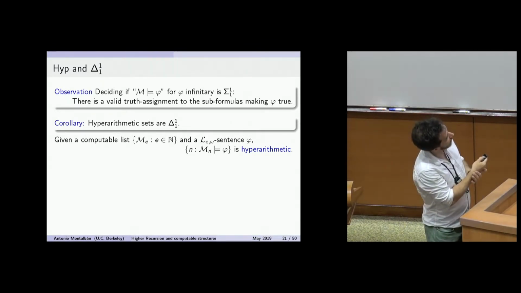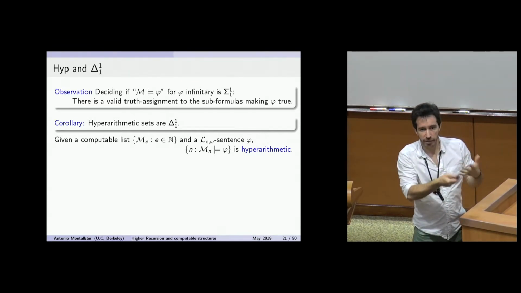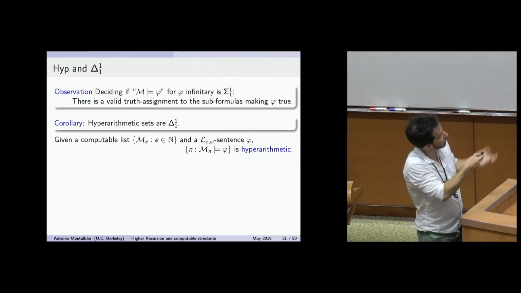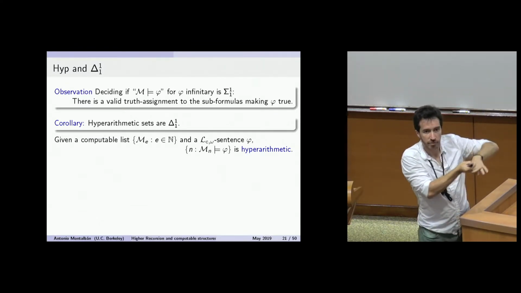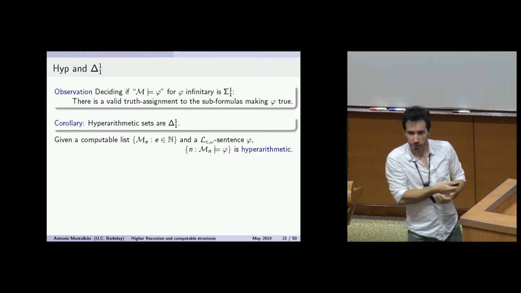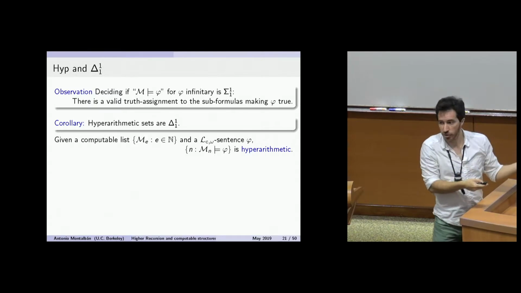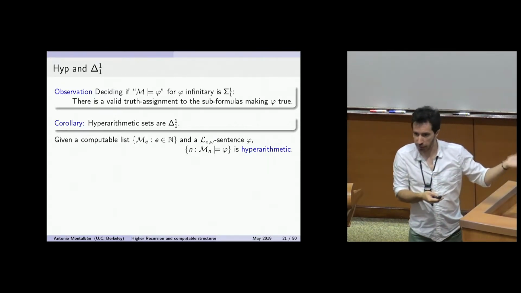So you can translate whether this is true in M sub n into a computable infinitary formula being true about the natural numbers, because you're looking at the particular presentation of M sub n with domain the natural numbers. And that's exactly what hyperarithmetic sets are.